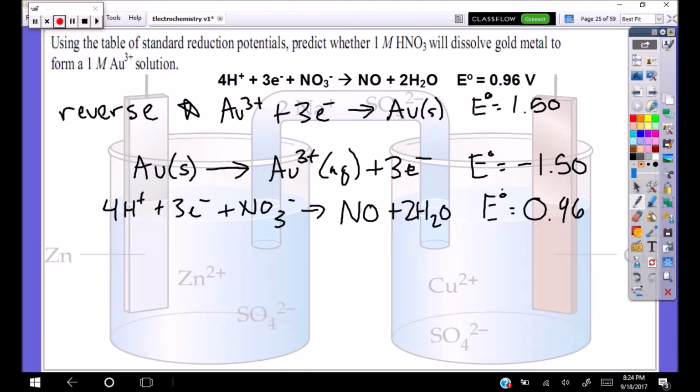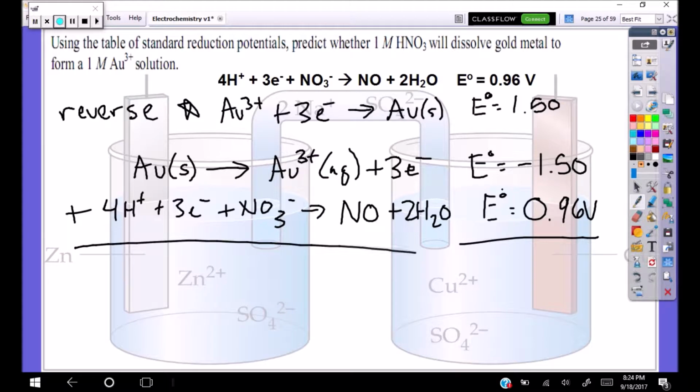So we add everything together. I'm not even going to write out the reaction down below. What I really care about is this section here. If I add these together, 0.96 plus a negative 1.5, we end up getting a cell potential of E equals negative 0.54 volts.